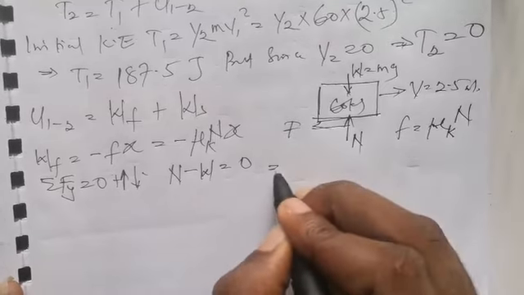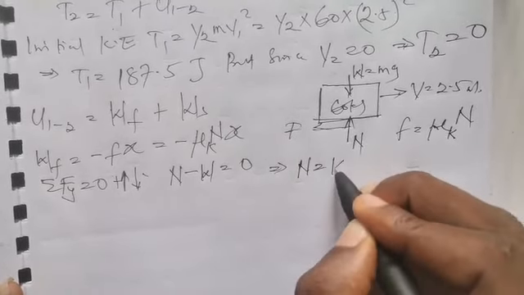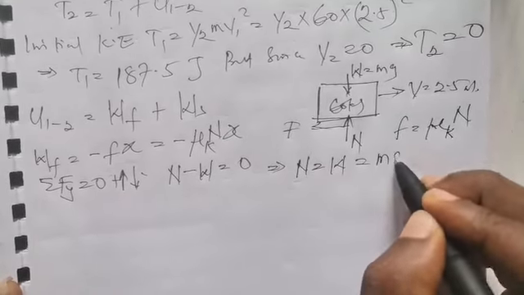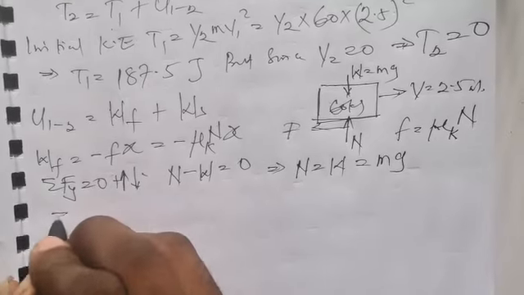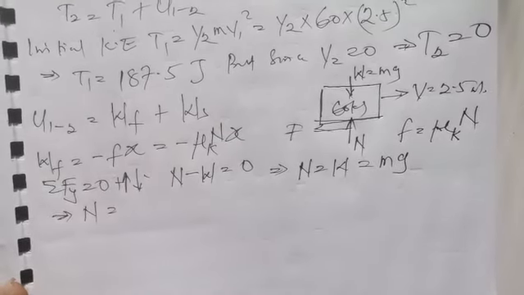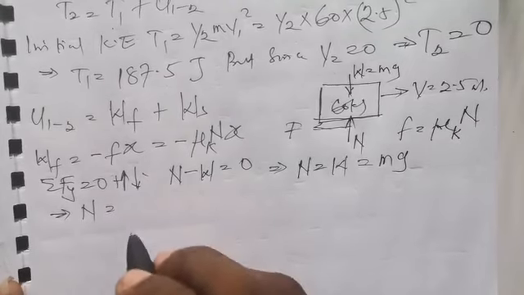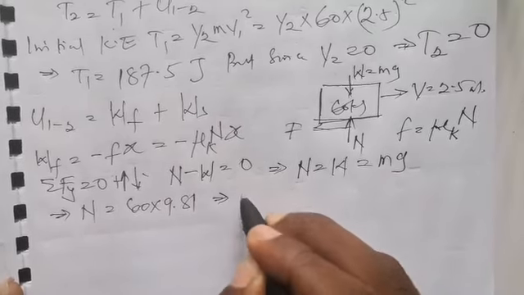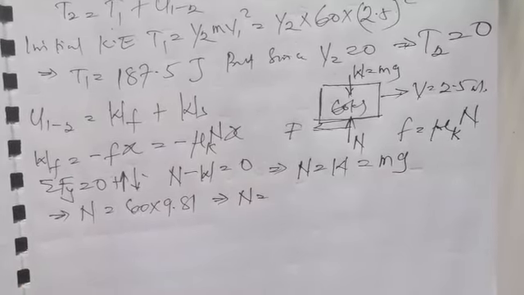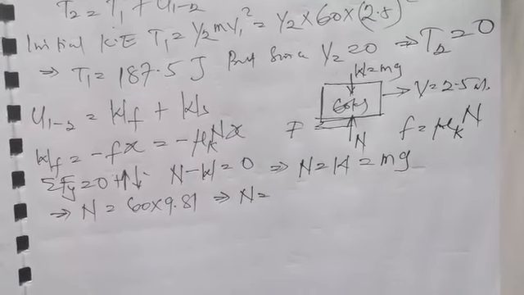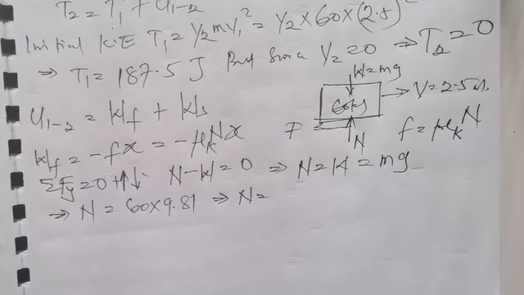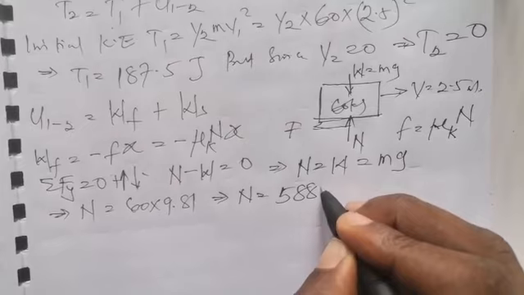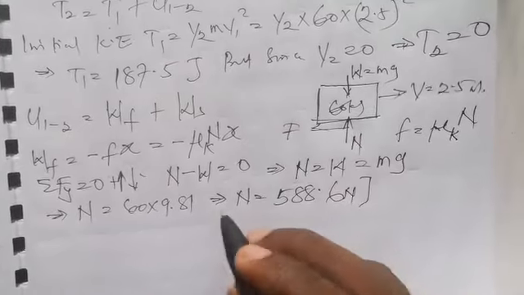So this simply means that our normal reaction is equal to weight, and weight is mass times acceleration due to gravity. So normal reaction is equal to mass, 60, times acceleration, 9.81, which implies normal reaction is equal to, let's obtain that product, 60 multiplied by 9.81. That gives us 588.6 Newton.